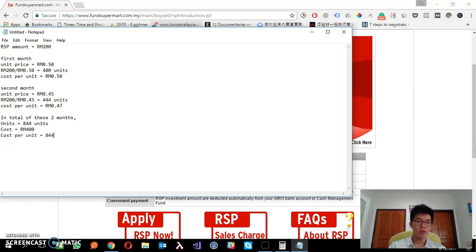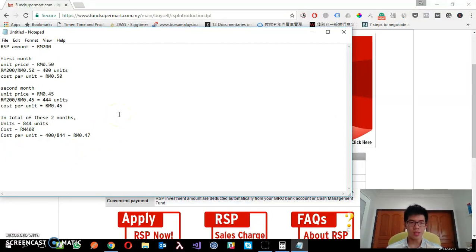As you can guess, it's 400 divided by 844, which is 47 cents, which is this one. Over the 2 months, our cost per unit is 47 cents.